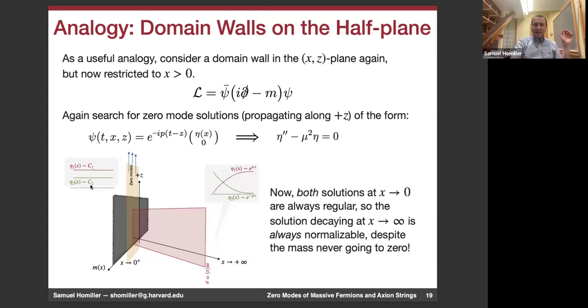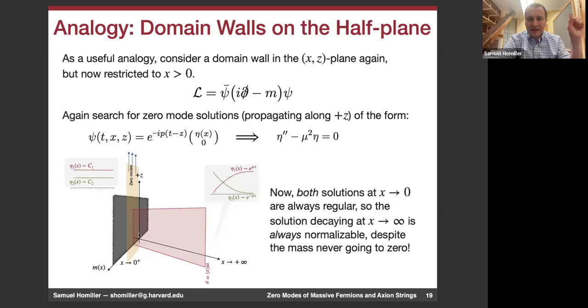And so despite the fact that nowhere in this half plane is the mass 0, I am allowed to have these normalizable zero modes that are just confined to the boundary of this half plane, and they can travel at the speed of light.